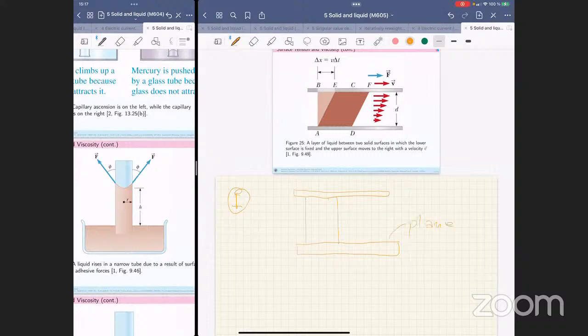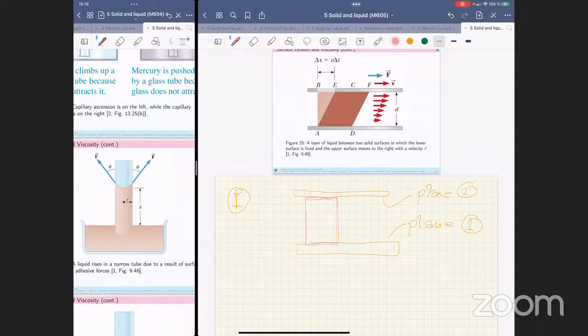We look at plane number 1, plane number 2, and here is the fluid, and it's stuck to both planes, on the upper surface and lower surface.